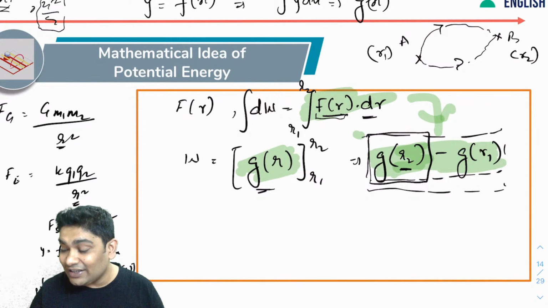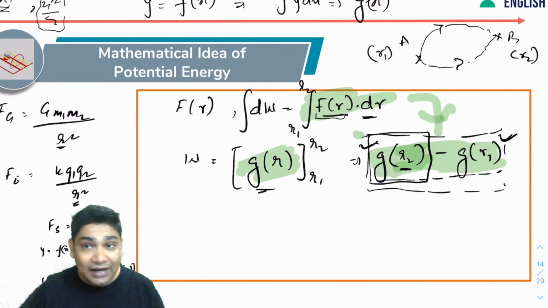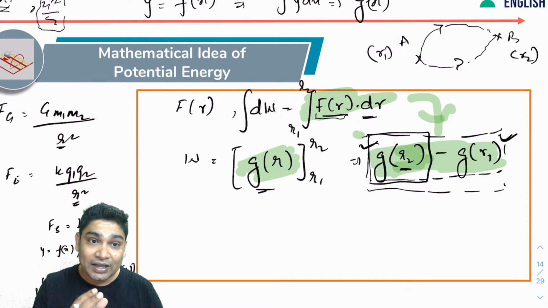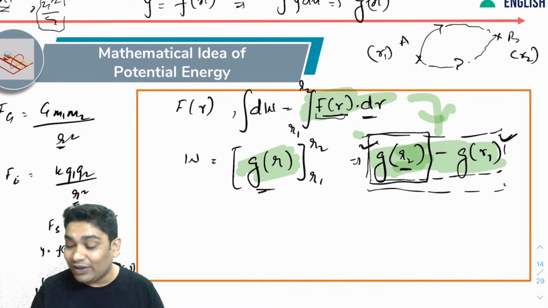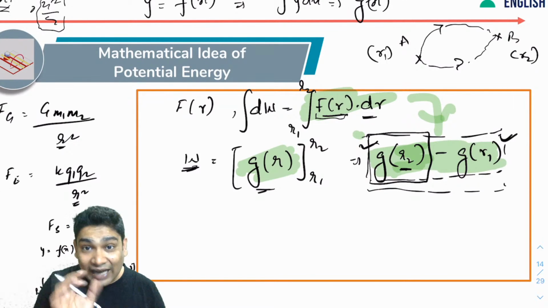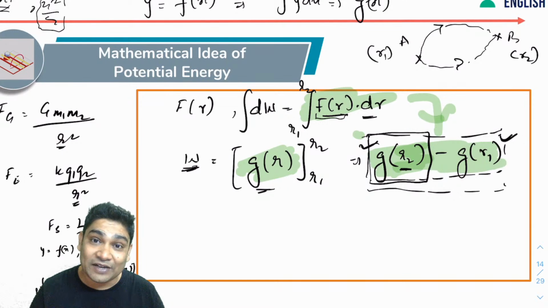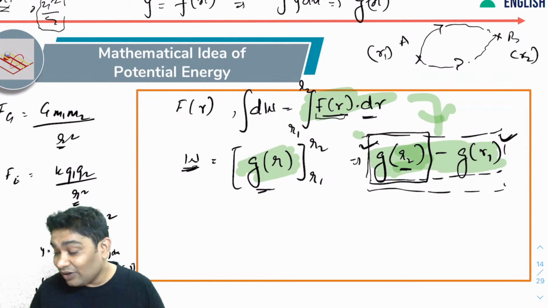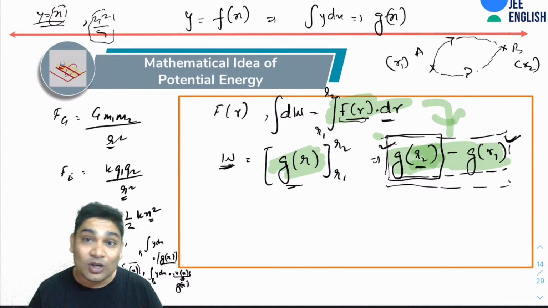This is the value of this function at R2, this is the value of this function at R1. If I just remember the formula for this part, all I need to do to calculate the work is find the change in this. That mathematical function is what we are associating with potential energy. That is the entire concept of potential energy.